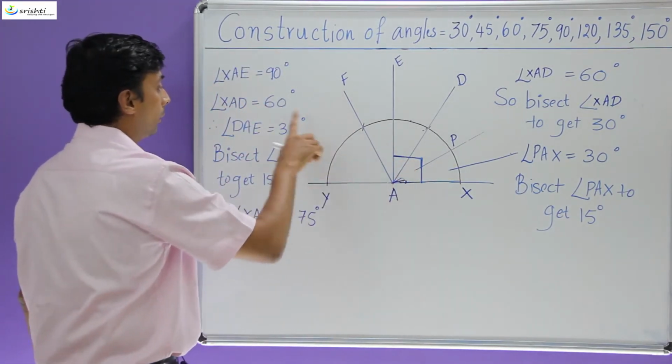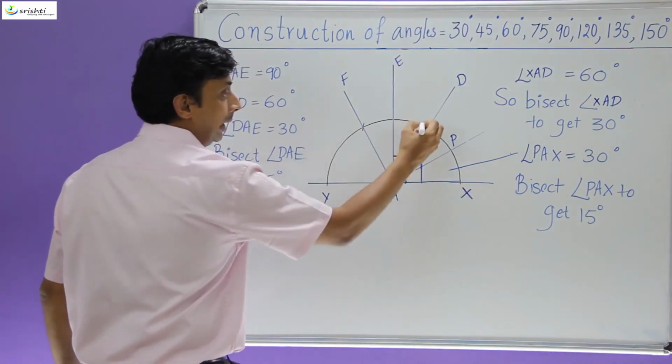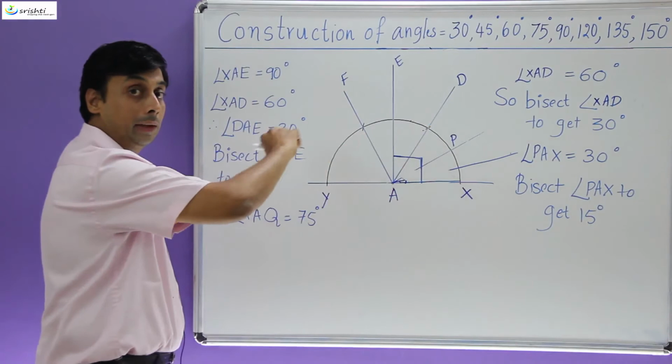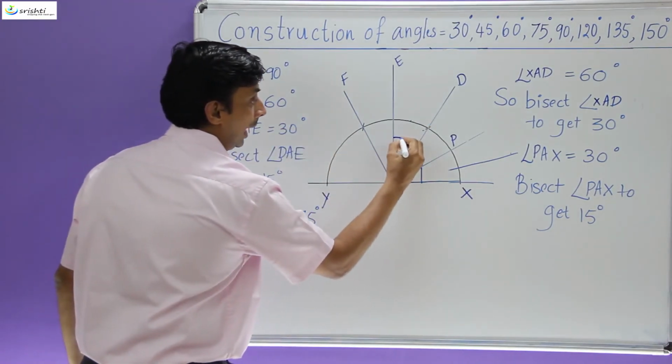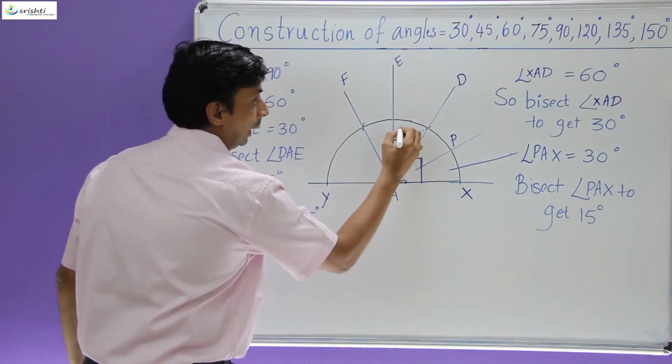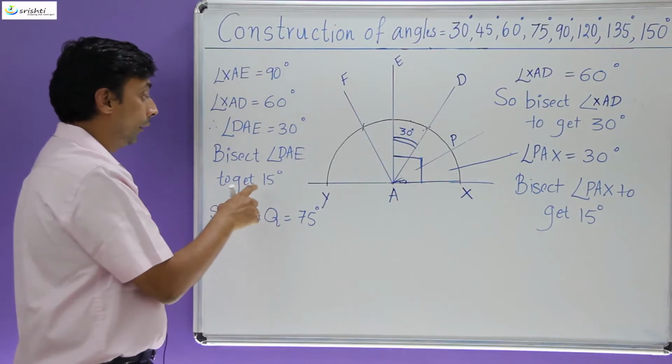If you bisect this, and we know that angle XAD is equal to 60 degrees. So angle XAD is 60 degrees. This was part of the equilateral triangle that we saw. So angle DAE, this particular angle, is 30 degrees. If you bisect this 30 degrees, then you are going to get a 15-degree angle.